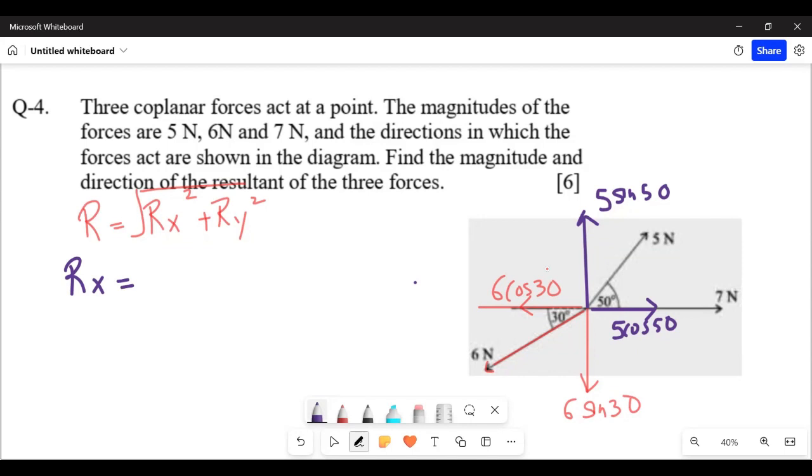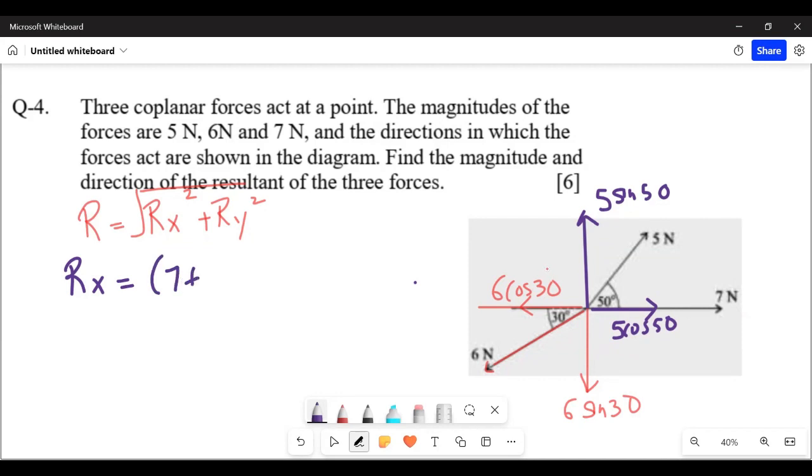So what should I subtract from what? Should I write this first and subtract with this? Or should I write 6 cos 30 first and subtract from the sum of 7 and 5 cos 50? I'm slightly unsure. So what I'll do, I'll just guess and use 7 and 5 cos 50 as my forward forces.